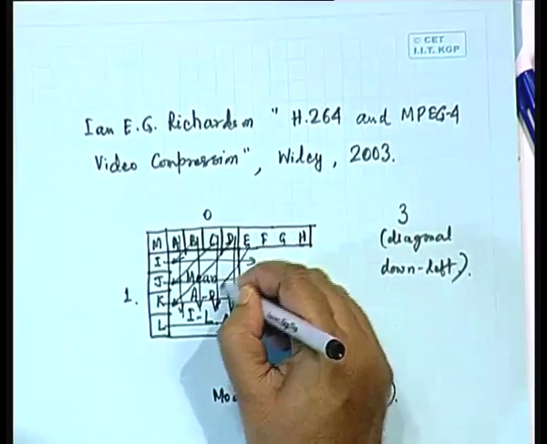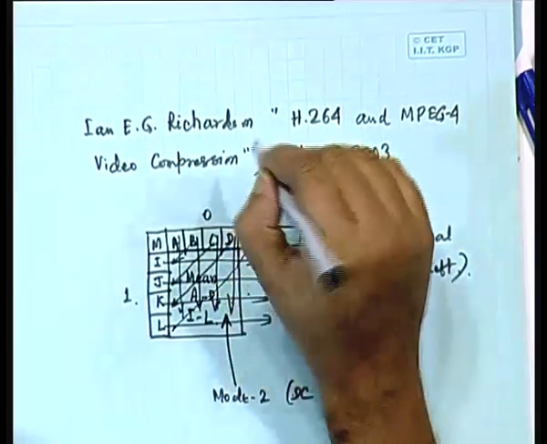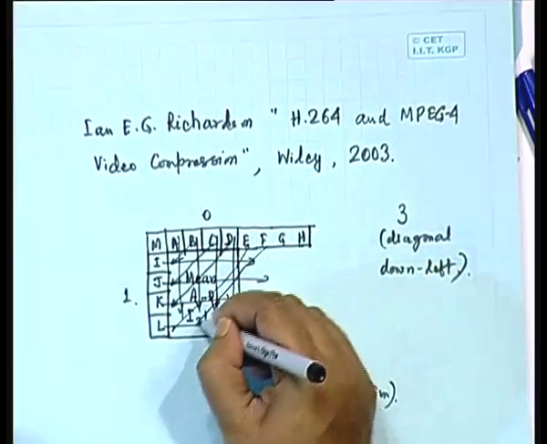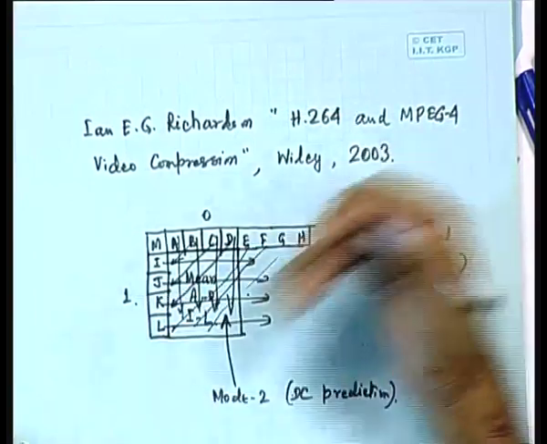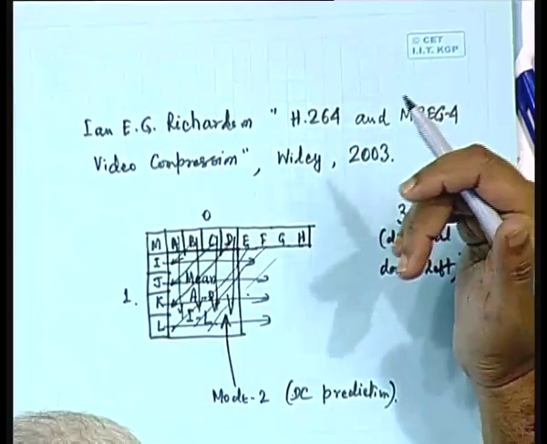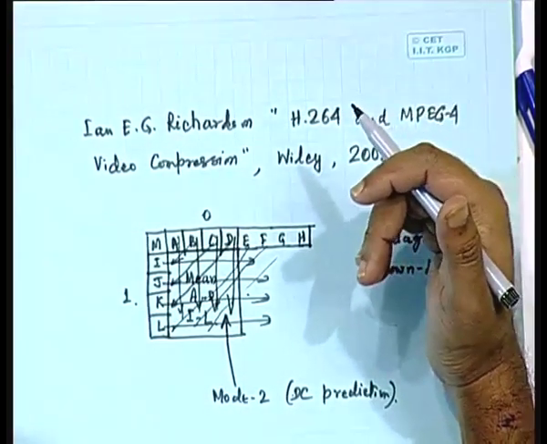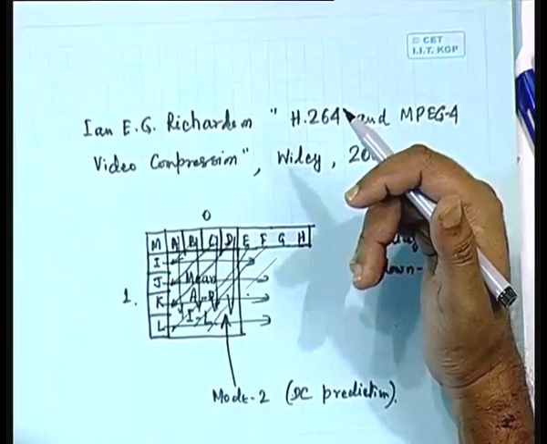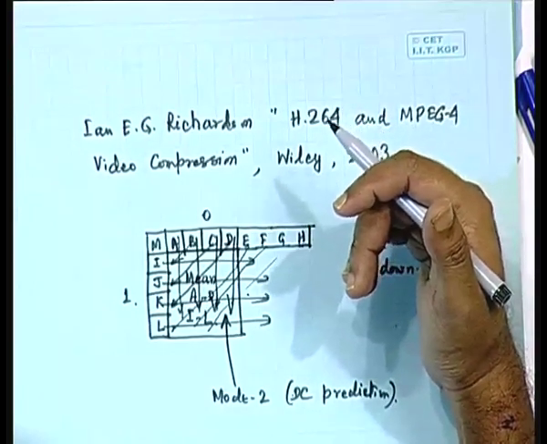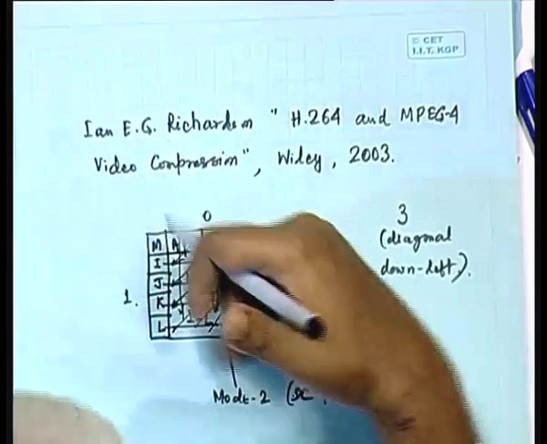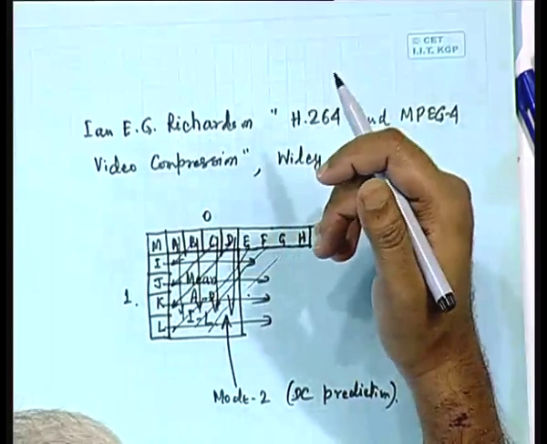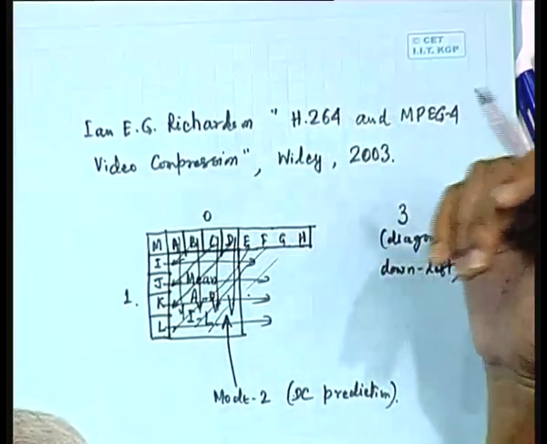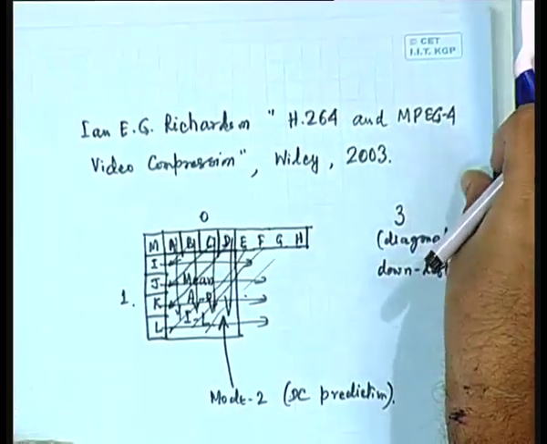So, this is where the pixel E would come into picture. Pixel F and pixel G will be involved in the prediction in the diagonal left direction. And likewise in the diagonal down right direction also this M will get involved, along with A, B, C and D. So, this is what one has to consider.